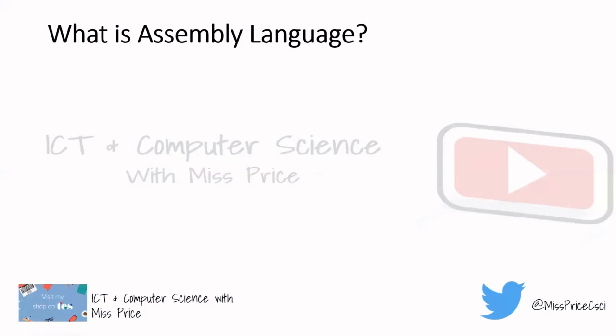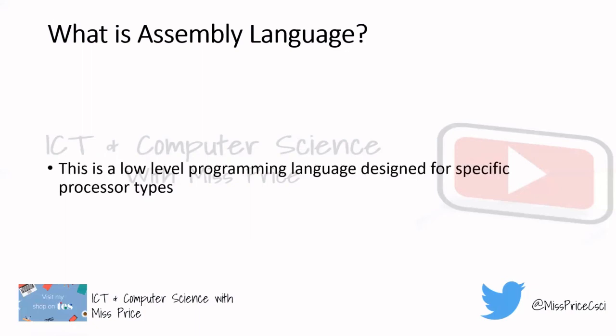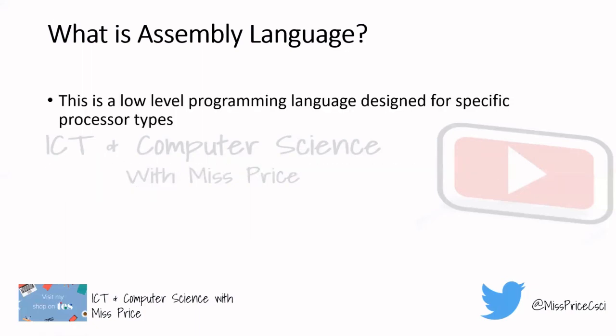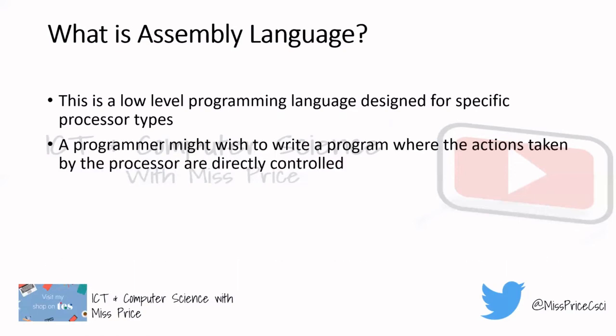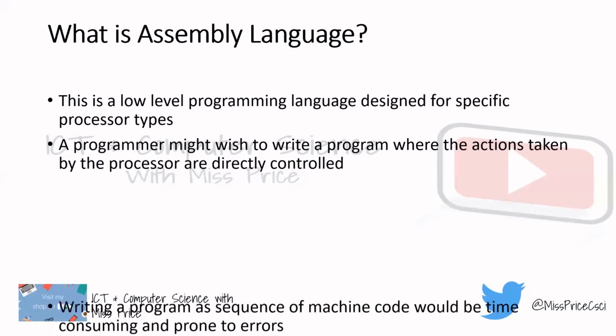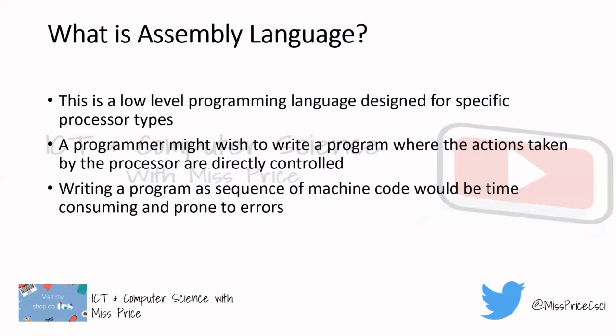Now moving on to assembly language. So this is the low-level programming language used, designed for specific processor types. So the programmer may wish to write a program where the actions taken by the processor are directly controlled. However, writing a program in machine code is going to be very, very time consuming and prone to errors.